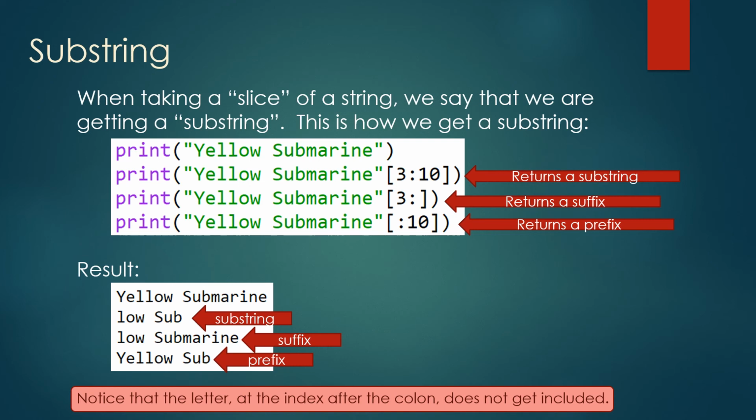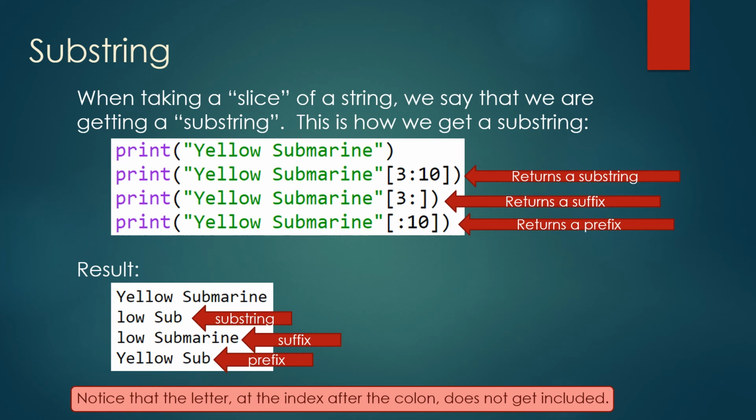So starting with the second L in yellow, we're going to take those characters until we get to the 10th index, which is the M. But we're stopping right in front of the M, and we're going to take that slice out of our string yellow submarine, and we end up with low sub.